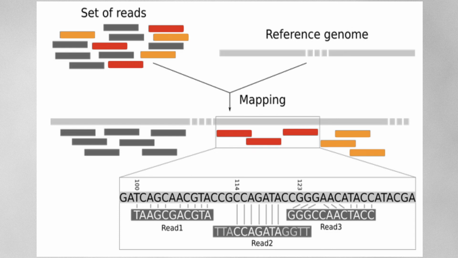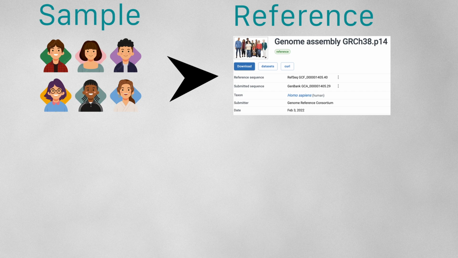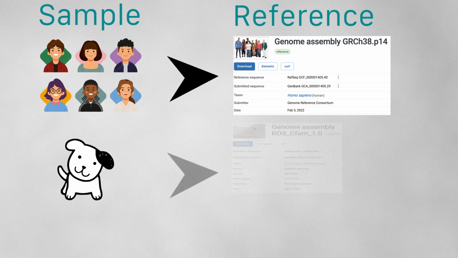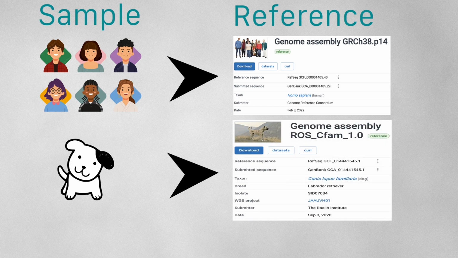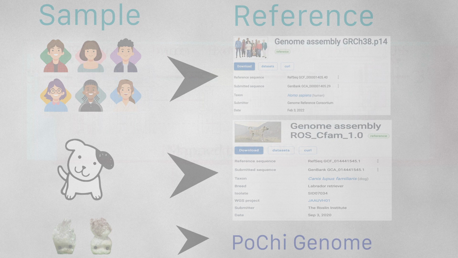For example, if you are working with human, you have to align to the human reference genome. And if you are working with dogs, you have to align to the equivalent dog reference genome. Aligning reads to the improper reference genome would yield very low mapped reads and would also invalidate all of the counts that you obtain downstream.